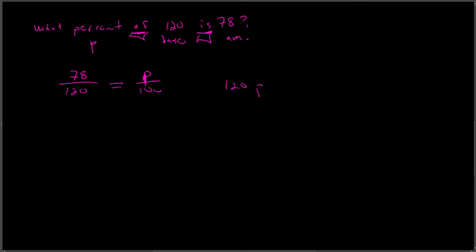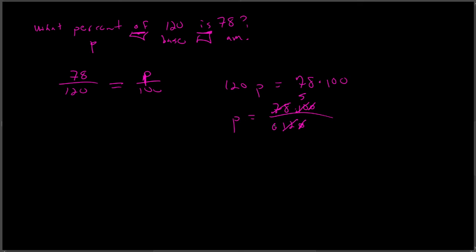So 120p equals 78 times 100. I'll divide both sides by 120. Drop a 10 here. And then I have to look for common factors. I know both of these are divisible by 2, so I'll get a 5 here, and that drops that down to 6.